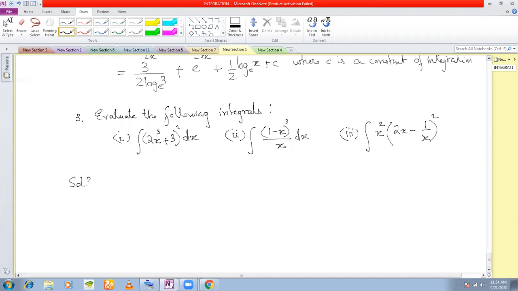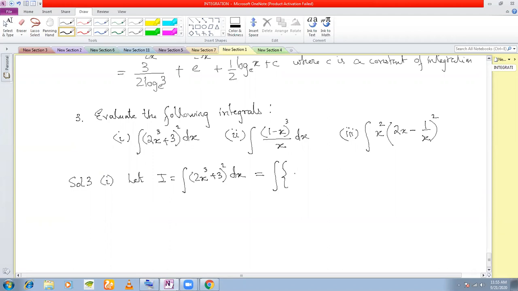Question 3.1. I assume let I is equal to integral (2x cube plus 3) whole square dx. Now for this problem, you see that this is of the form (a plus b) whole square, right? So you expand this by the (a plus b) whole square formula.